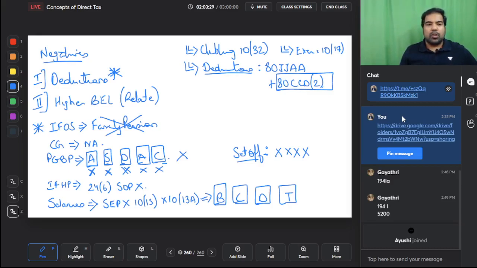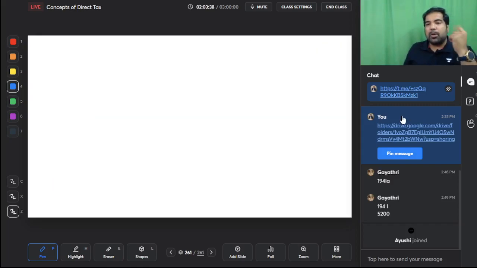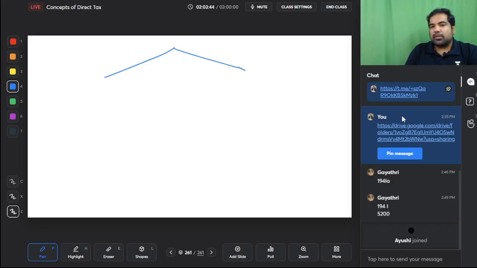Alright, so we'll do some sums on this, but right now guys, I still remember NPS. I had told you 80CCD(2) I want to discuss, so let me discuss that a little bit, because there's a sum on that also which had come. Guys, NPS can be divided into 2 parts. Your contribution, that is the employee or the self-employed person's contribution.